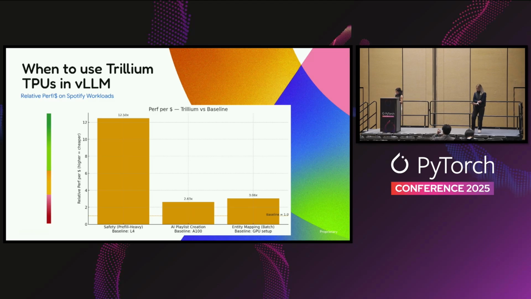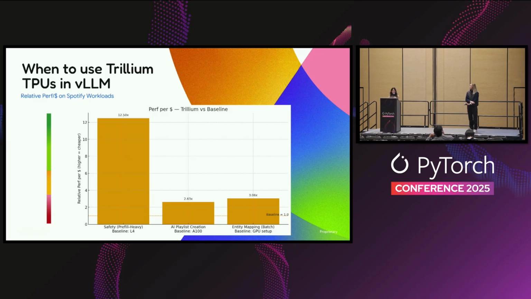So on this chart, we found that all workloads did perform more cost effectively on Trillium, but to different degrees. The best cost efficiency correlated with those prefill heavy use cases like safety that have a long input and a short output, but the gains were smaller for those decode heavier workloads like the AI playlist creation.